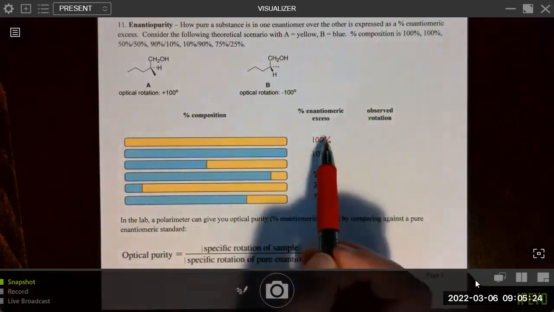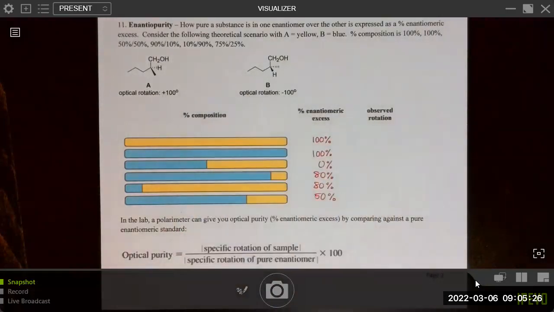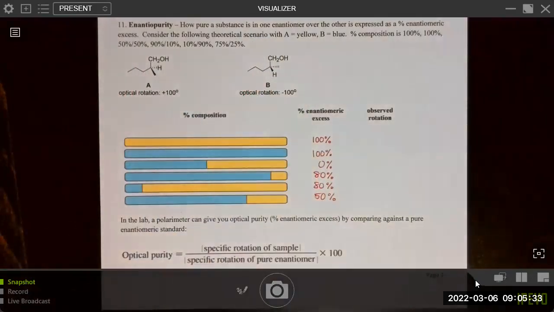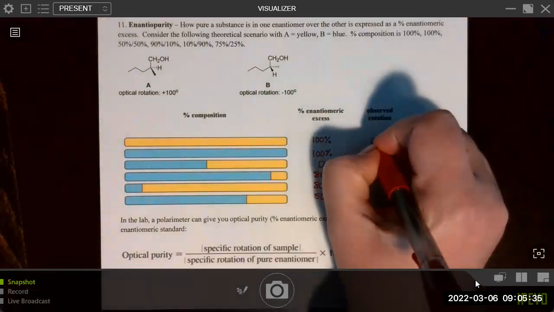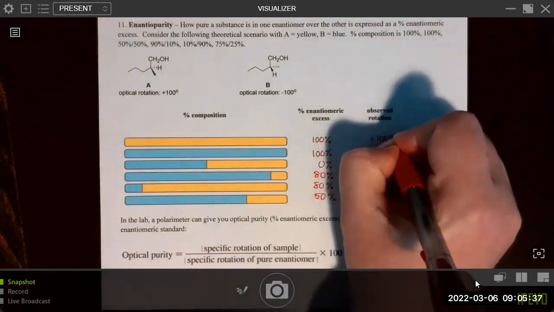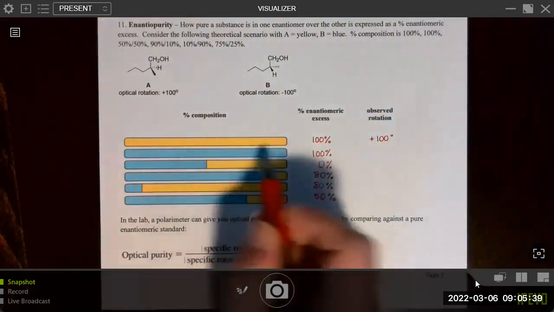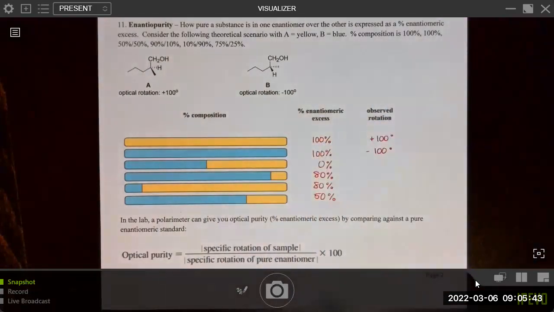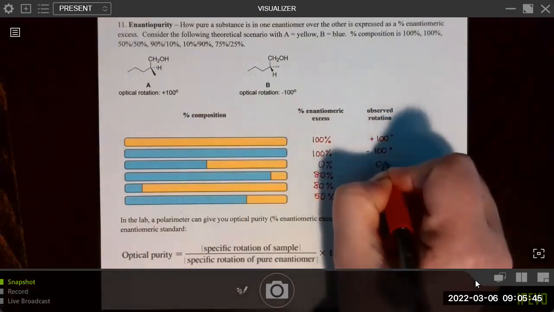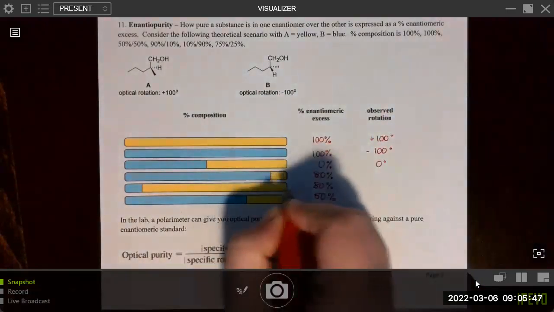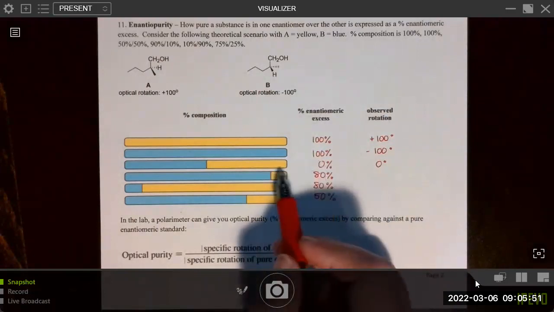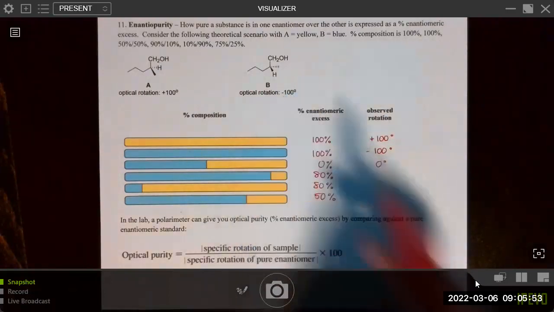So based on this, we can take a look at what the observed rotation would be. So we have 100% A and 0% B in the first case. So we would get a rotation of plus 100 degrees. With 100% blue would be negative 100 degrees. 50-50 would be 0 degrees. 90-10 would be an 80% enantiomeric excess, and the blue one would be in excess.